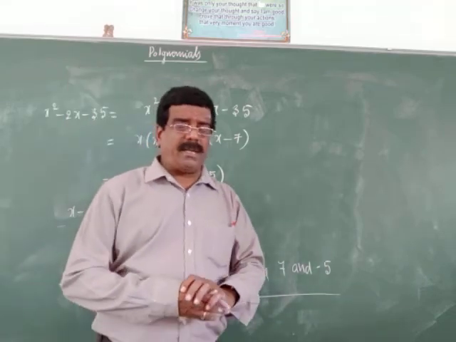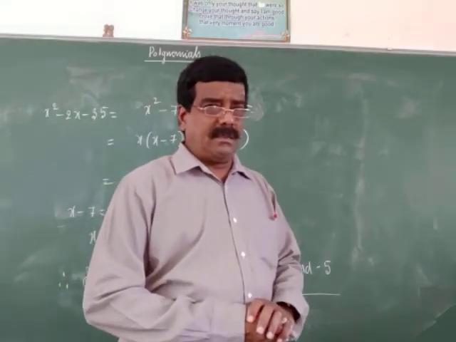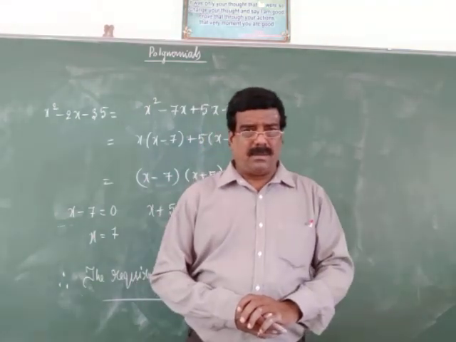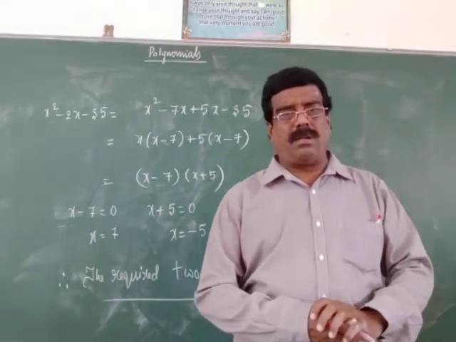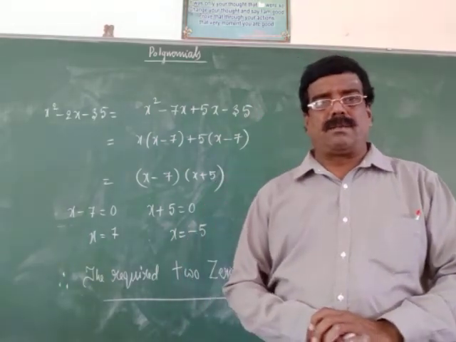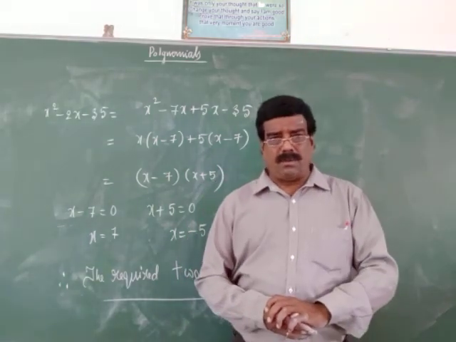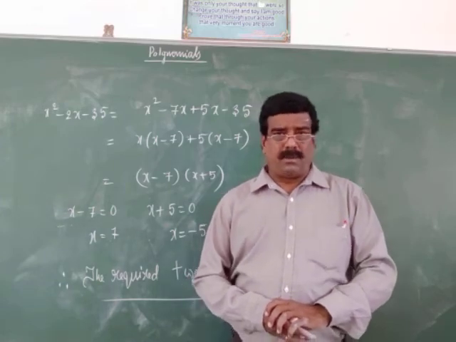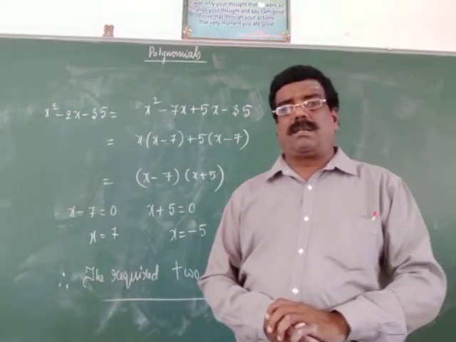In that, zeros are given, polynomials are given. So take the same zeros, same polynomials, and frame questions of your choice. Before that you must know the answers, so please learn that. Don't worry about going in search of questions.